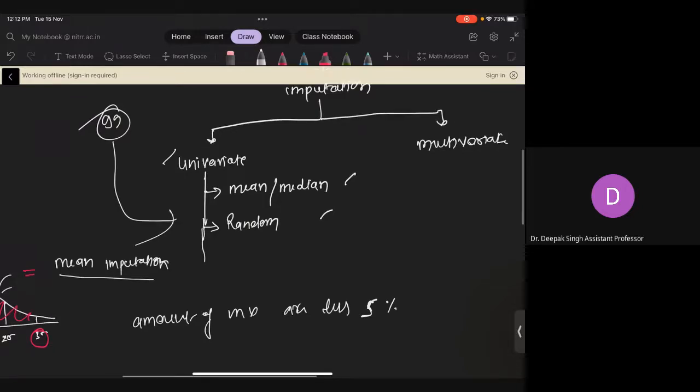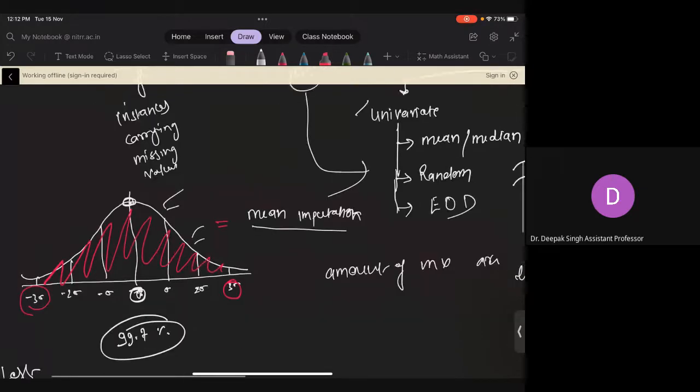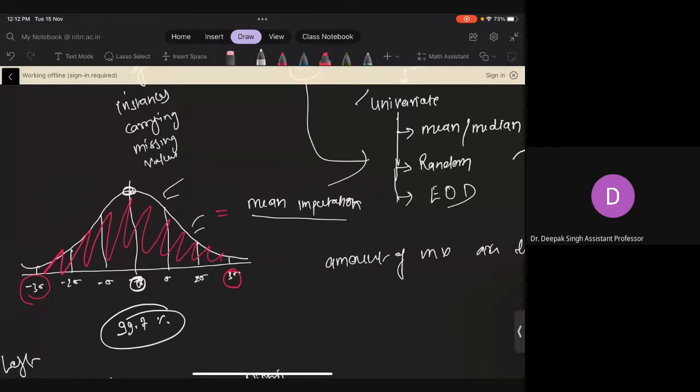Okay. Random. What else can we do? We can also use end of distribution. End of distribution means, see, in this curve, the end is this area and this area. I want to impute.